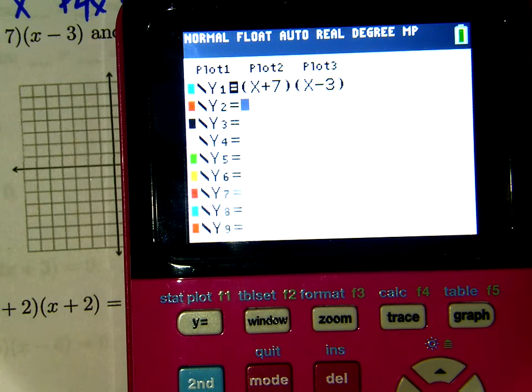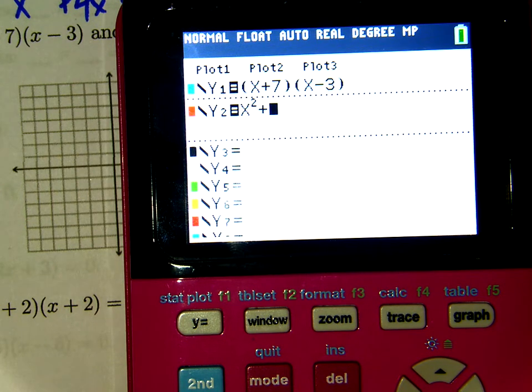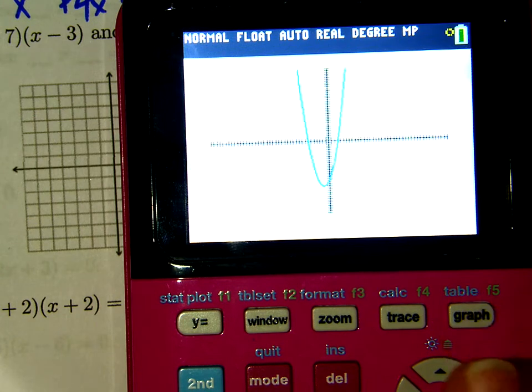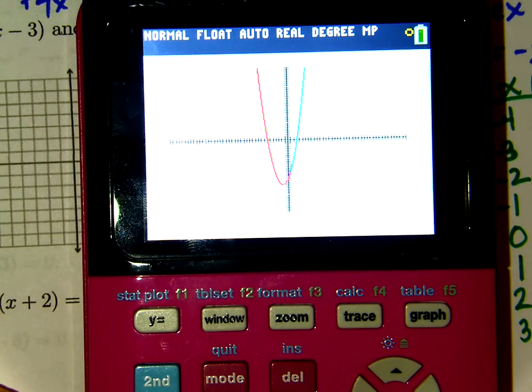We already graphed this one, and now along with it, I'm going to put in x squared plus 4x minus 21. Perfectly aligned. So the tables are perfectly aligned for equality, and the image is perfectly aligned for equality and being the same, or being treated the same.